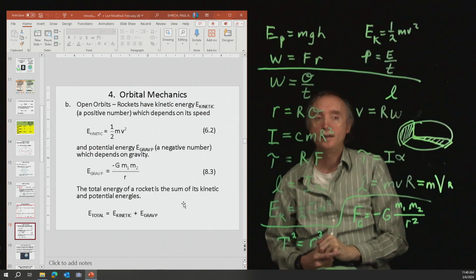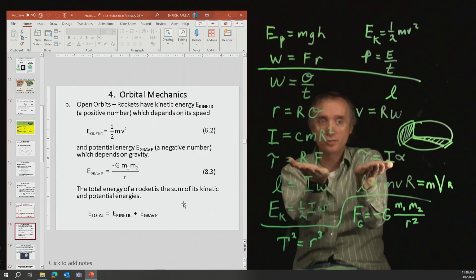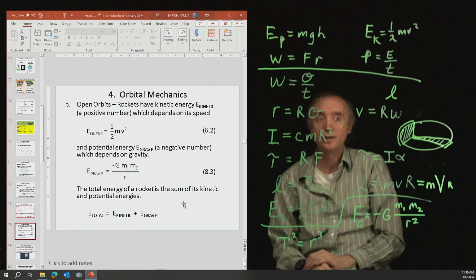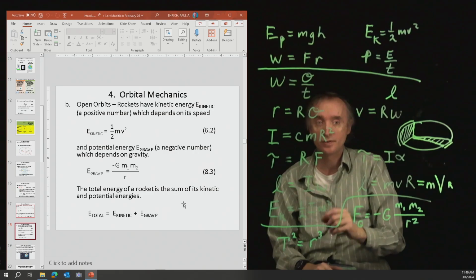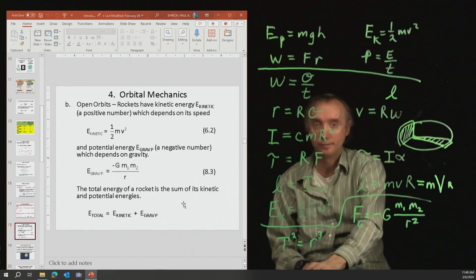And if the two of them are exactly the same, so if your speed is just right so that those two energies are the same, it still does escape. We call that speed the escape speed. That is the minimum speed necessary to be able to escape the gravity of a planet.